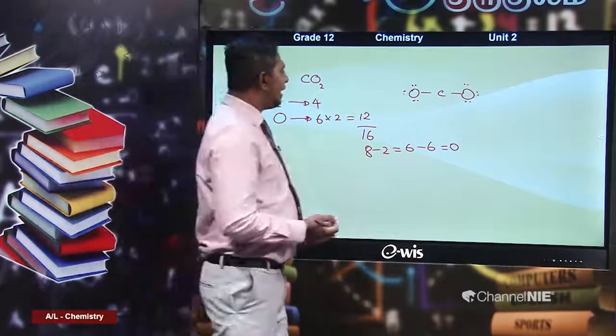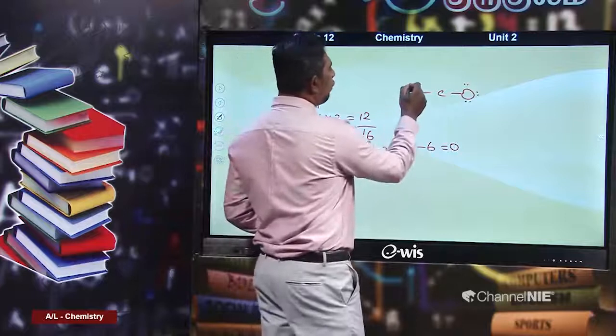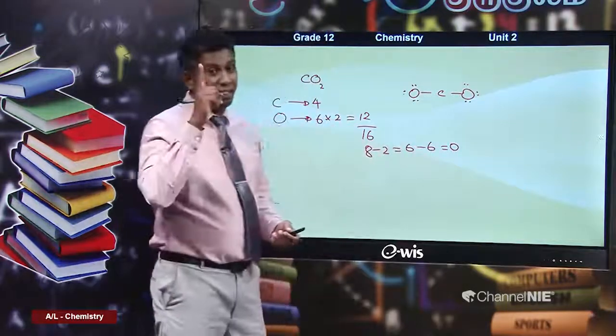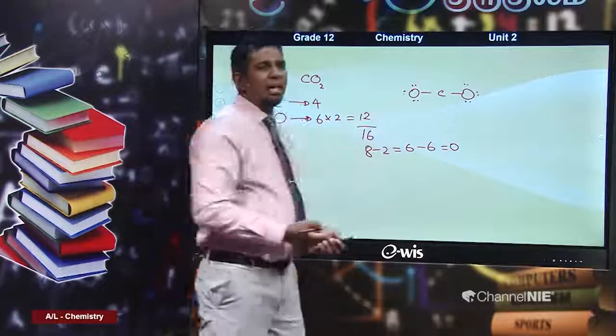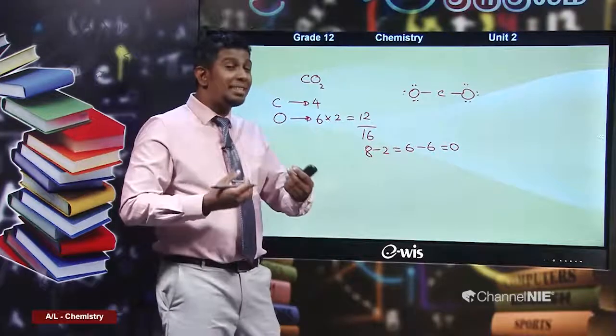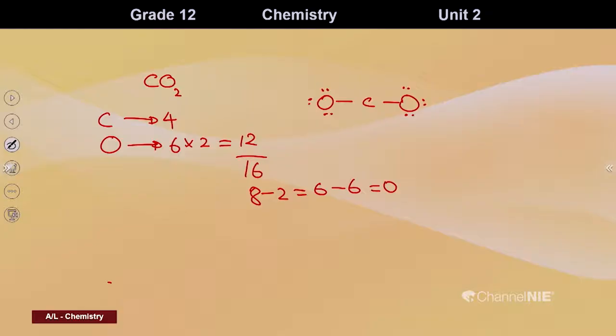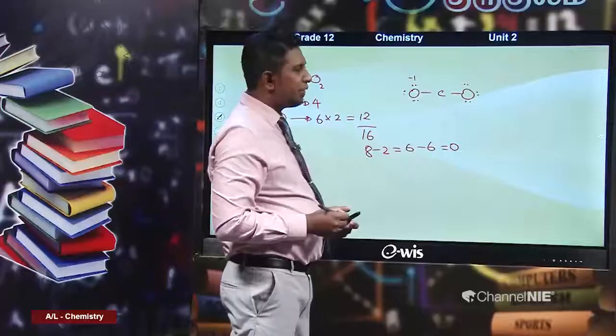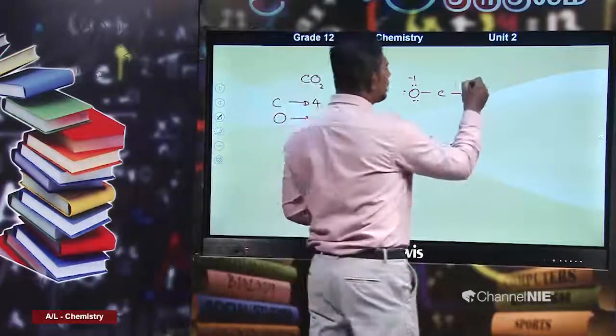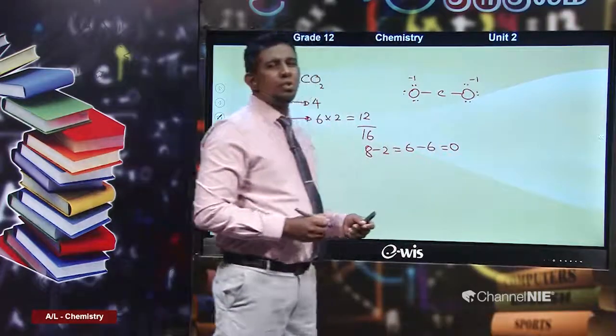Here it's 1, 2, 3, 4, 5, 6. With this bonding, it's another 1 electron, so it's 7. But it has to be 6. So 1 electron has been taken by oxygen, therefore 1 electron is in excess on oxygen, therefore the formal charge on oxygen is minus 1. The other oxygen also is minus 1.